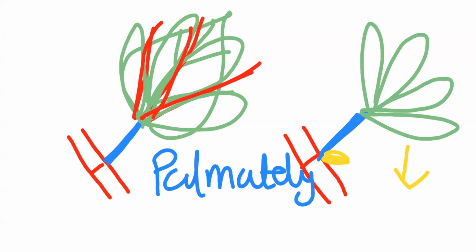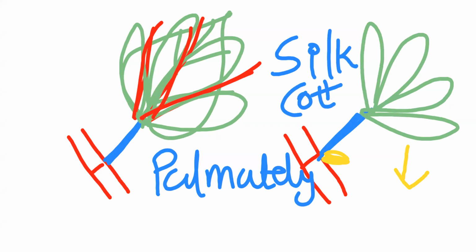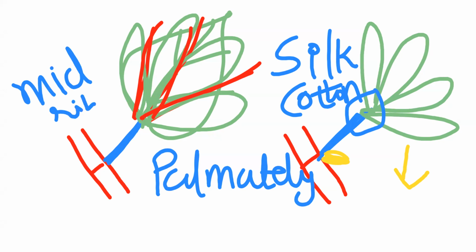Understood, all of you? What is simple leaf, compound leaf, and in that, pinnately compound and palmately compound. In palmately compound, one example is silk cotton. Remember, in palmately compound, leaflets are attached at one point, particularly at the tip of the petiole. In case of pinnately compound, leaflets are arranged on the midrib of the leaf. This is called the midrib, or else rachis.